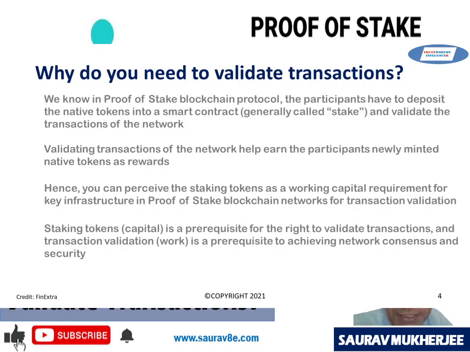So you have to deposit that native token into a smart contract. Let me read that again. Staking tokens, or capital as it's called, is a prerequisite for the right to validate transactions. And transaction validation is a prerequisite to achieving network consensus and security.